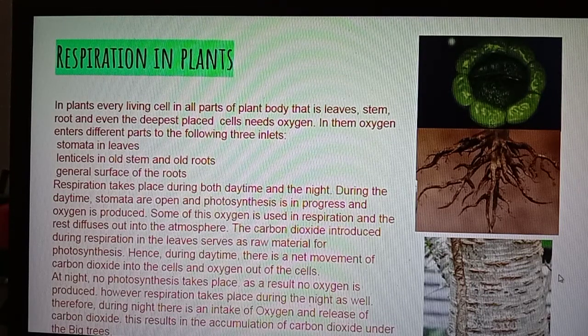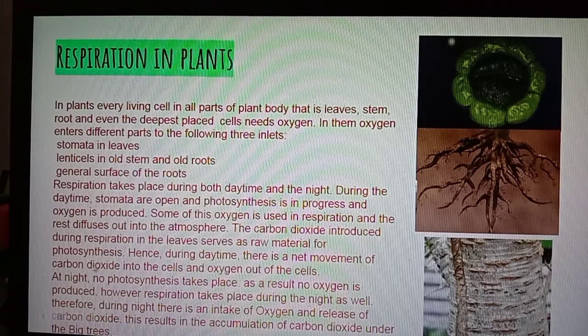Through these lenticels, exchange of gases takes place in old stems and old roots, means trees or plants which get very old, in them lenticels come out, and through these lenticels this respiration takes place. Now the general surface of the roots: here you can see in the roots there are root hairs. So from these surfaces exchange of gases takes place.